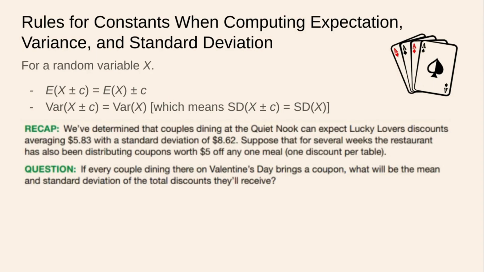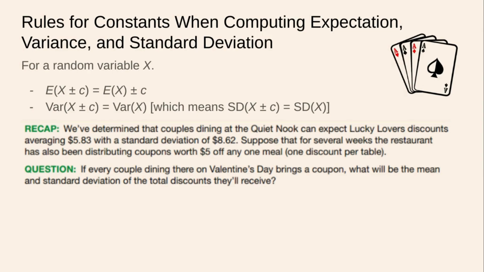So let's look at this question again. We've determined that couples dining at Quiet Nook can expect Lucky Lovers discounts averaging $5.83 with a standard deviation of 8.62. Suppose that for several weeks, the restaurant has also been distributing coupons worth $5 off any one meal, and that is one discount per table, just to keep this problem simple.